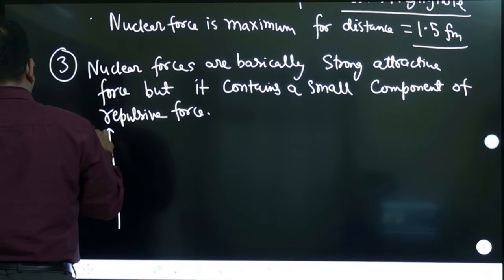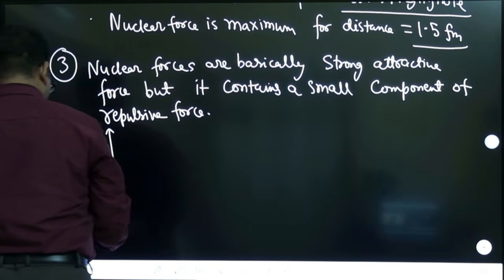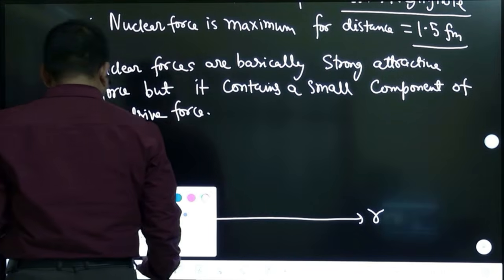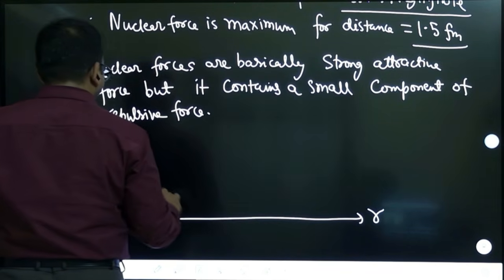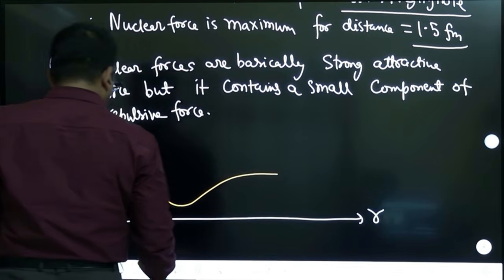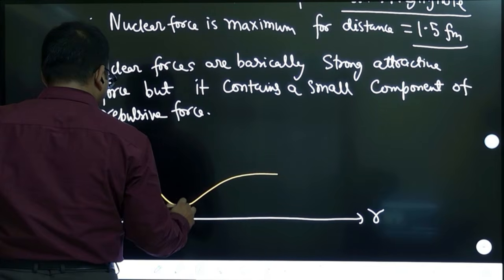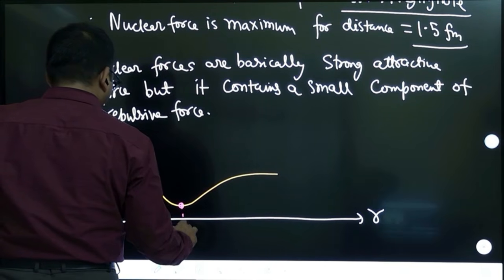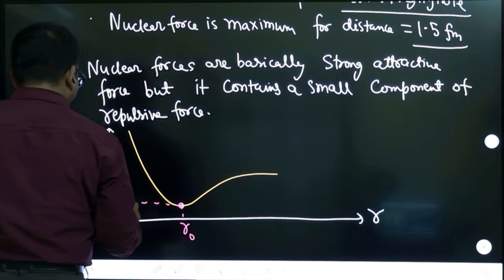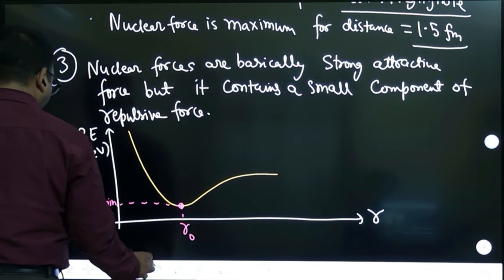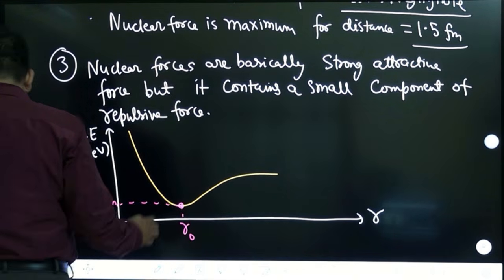Potential energy in million electron volt versus R. So this is the point where potential energy is minimum, R naught.